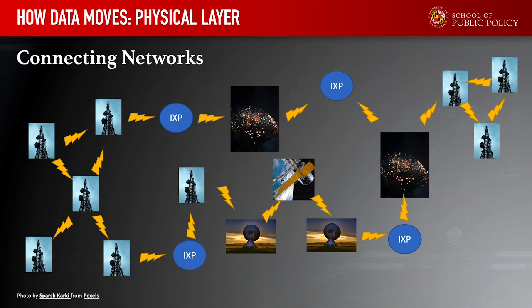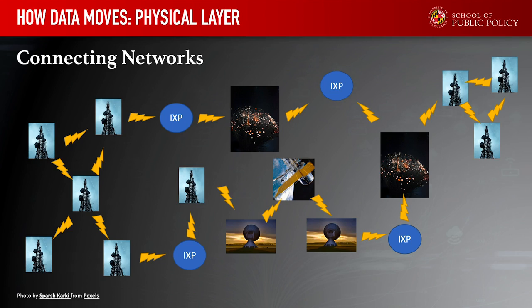So here's a really simple diagram. And in this diagram, I've got a couple of different networks that are working together. We have some terrestrial microwave, we have some fiber optic, and we also have some satellite-based technology. And you'll notice that at different parts in this diagram, we have an IXP. So a terrestrial network comes together to work with a fiber optic network. Or that terrestrial microwave network might come together and work with a satellite transmission.